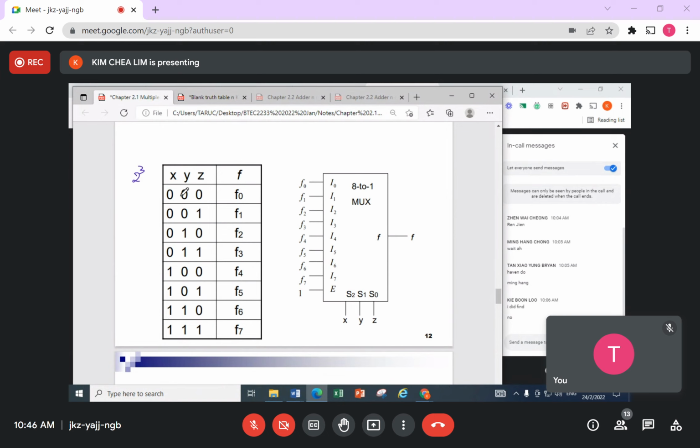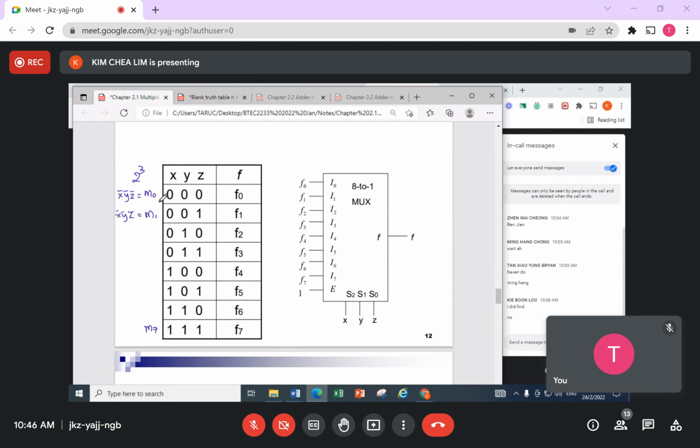Hope you still remember, it's minterm 0, minterm 1, up to minterm 7. A minterm in this case means X bar, Y bar, Z bar, and it's a product, ANDed together. But as for this one, this is a 1, so it's X bar, Y bar, Z.